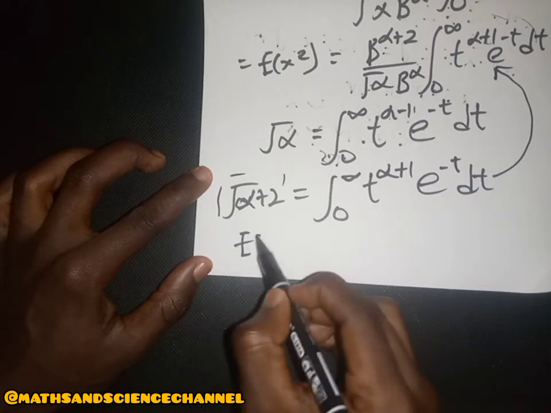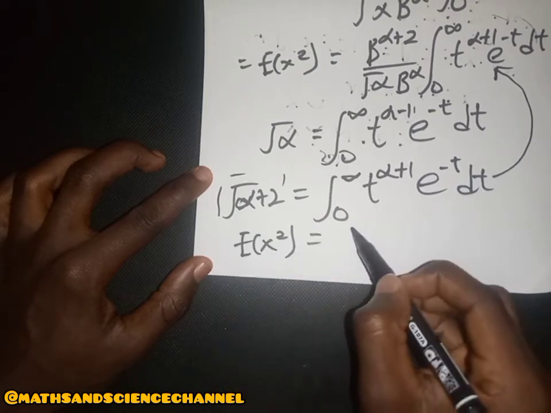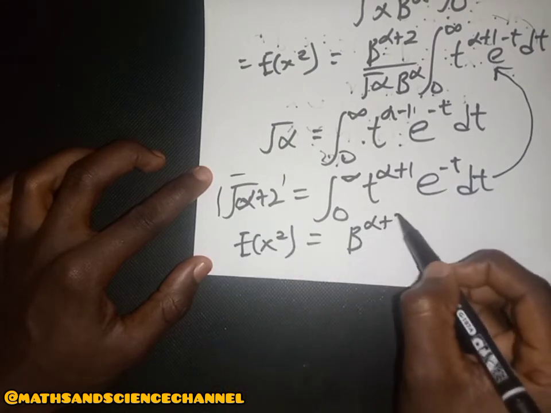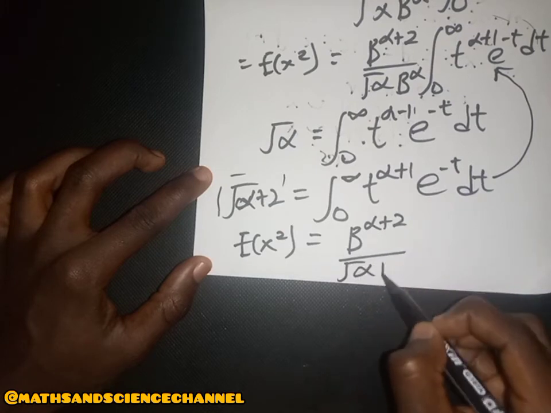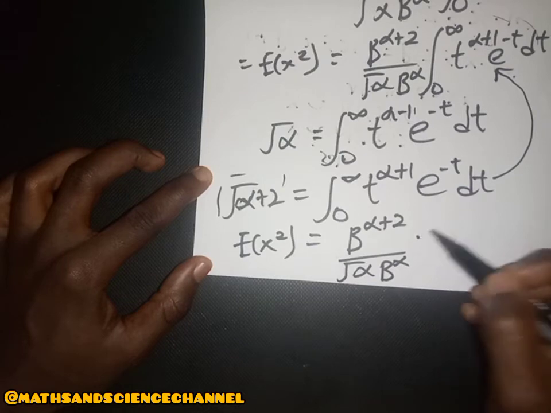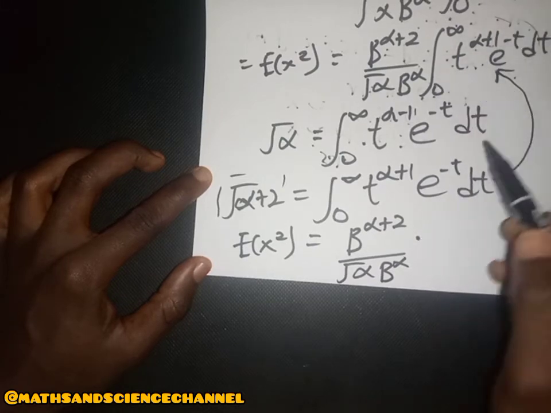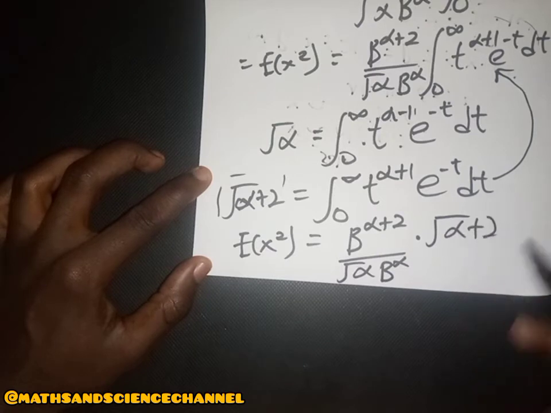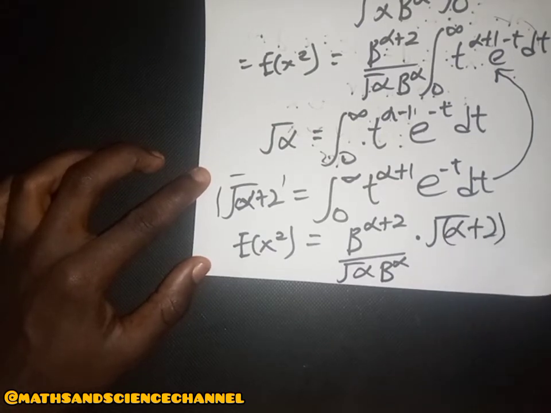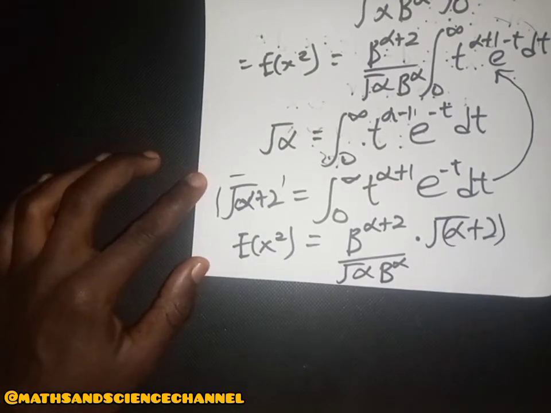So we have E of X squared here being equal to beta to the power alpha plus 2, and then the gamma of alpha plus 2, divided by the gamma of alpha beta, multiplied by the whole of that.